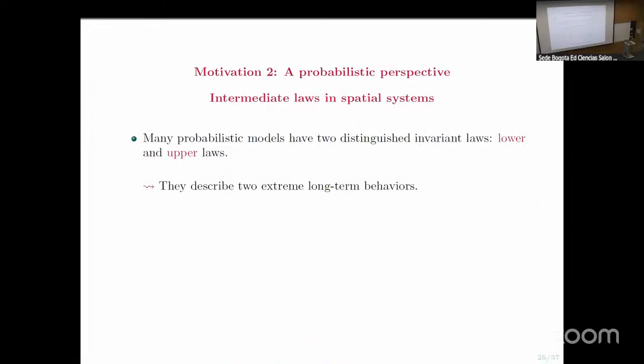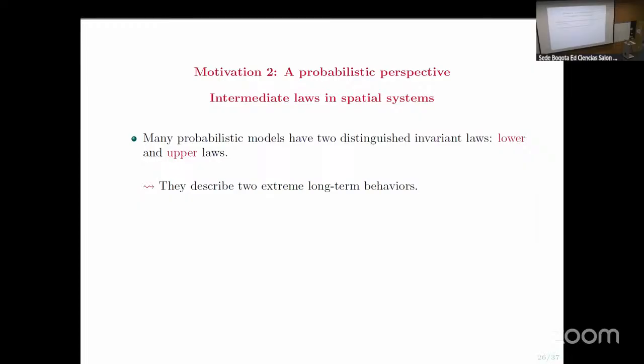Okay, forget all that detail now, I'm going to speak about the other part of this work. There is another motivation, and actually this was the motivation that we initially considered. We wanted to find a spatial model with an intermediate invariant law.